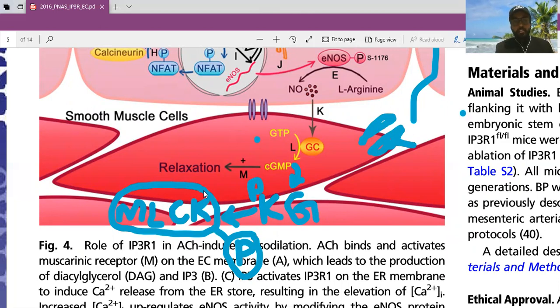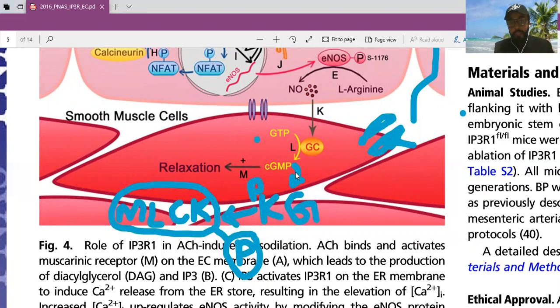And what is the normal function of myosin light chain kinase? The normal function of myosin light chain kinase is that it causes phosphorylation, meaning it attaches the phosphate onto the head of the myosin. When this phosphate is added onto the myosin head, there is bridge formation between actin and myosin, and there is contraction of the smooth muscle.